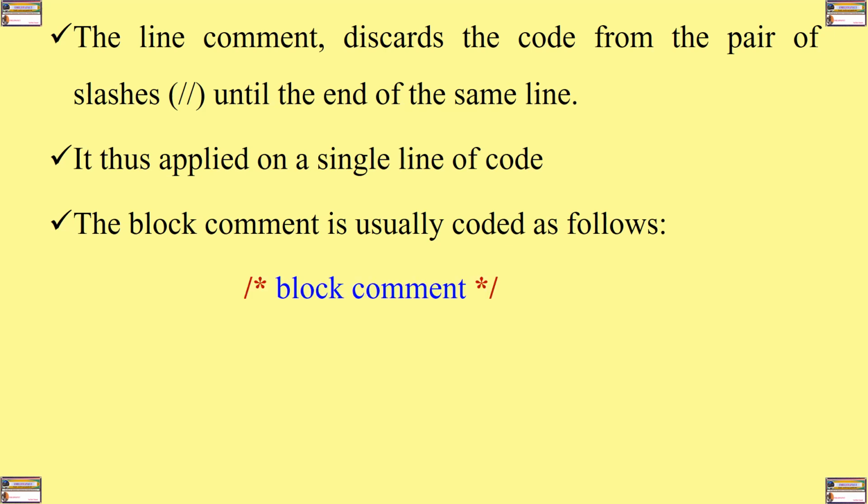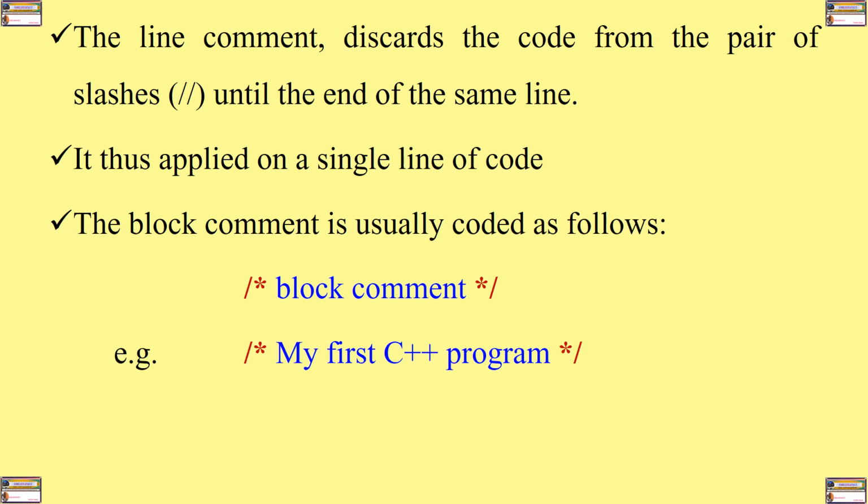So we use this pair of symbols when you want to have a comment that spans across more than one line, like a paragraph. So how do we write it? You have the forward slash asterisk.